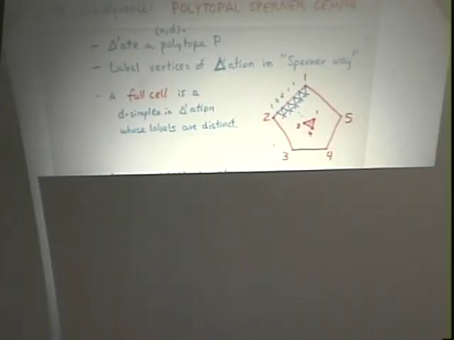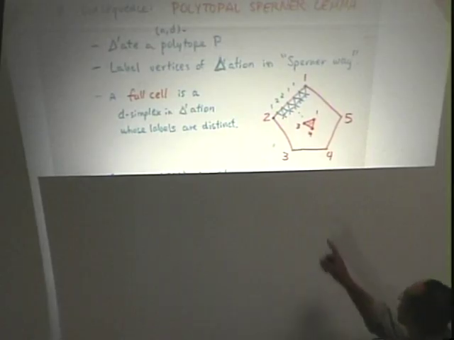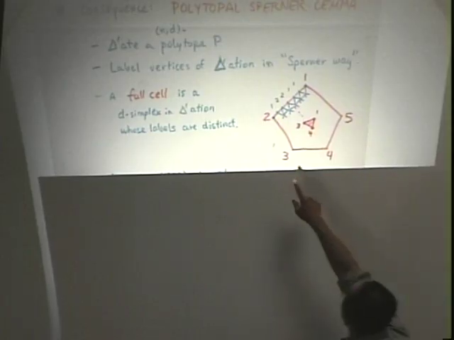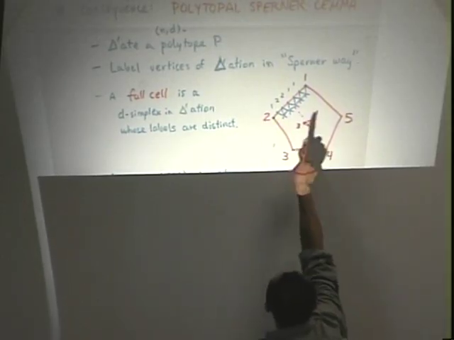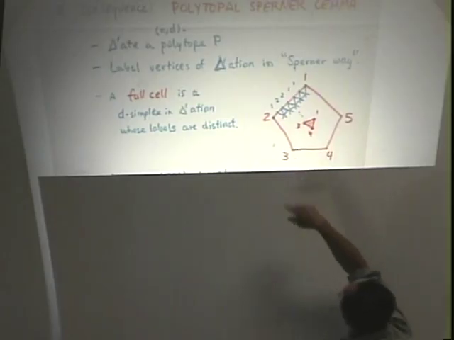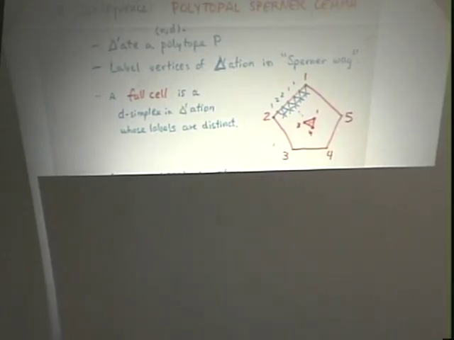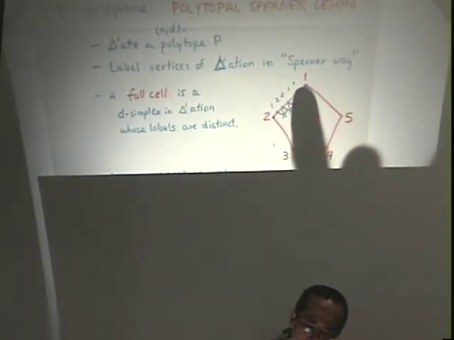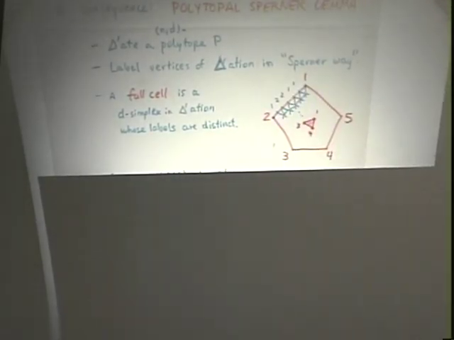If you take a triangulation, you can label the vertices, and that's an interesting combinatorial object. And if you label it in a particular way, it's going to be called a Sperner labeling. So the particular way here is, let's label all the main vertices of the polytope by different labels. And then on each face of the polytope, you only allow labels from the main vertices that span that face.